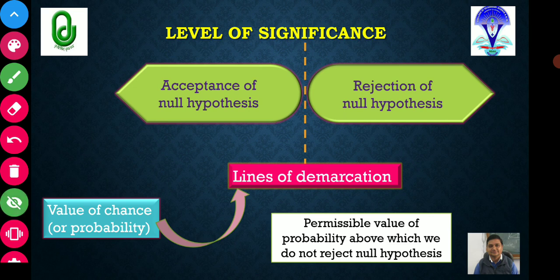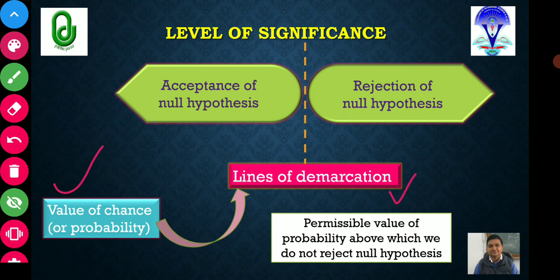Level of significance is a very important definition, which here I have depicted in pictorial form. So what is level of significance? It is a value of chance or value of probability. Level of significance is a value, and value of what? Value of chance, which is also called the line of demarcation.